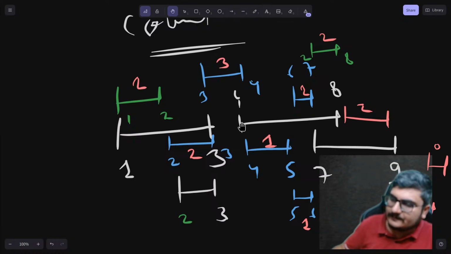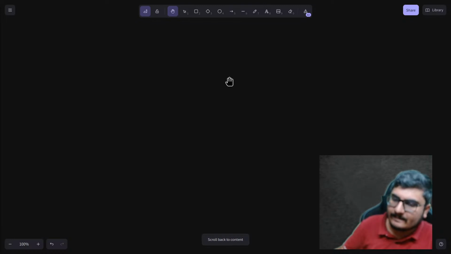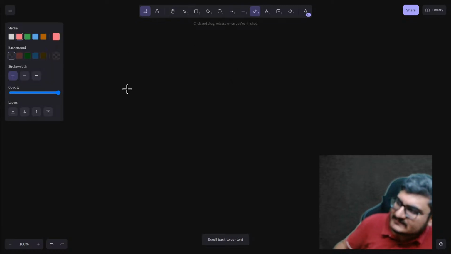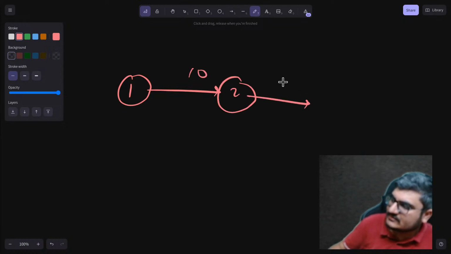Our approach would be, okay, let's say we are at node 1. Let's say it takes 10 time units. Then 2 takes 20.